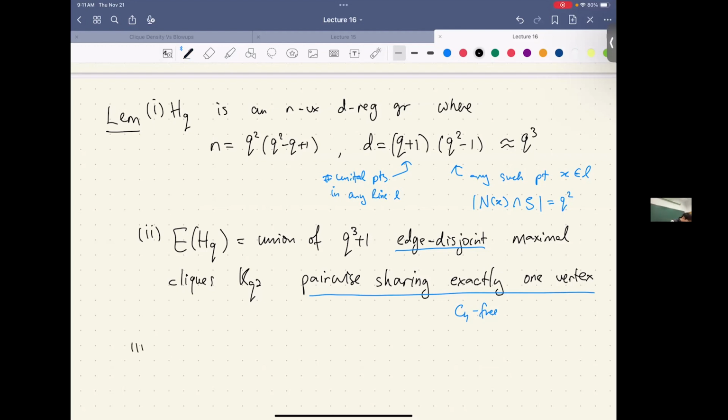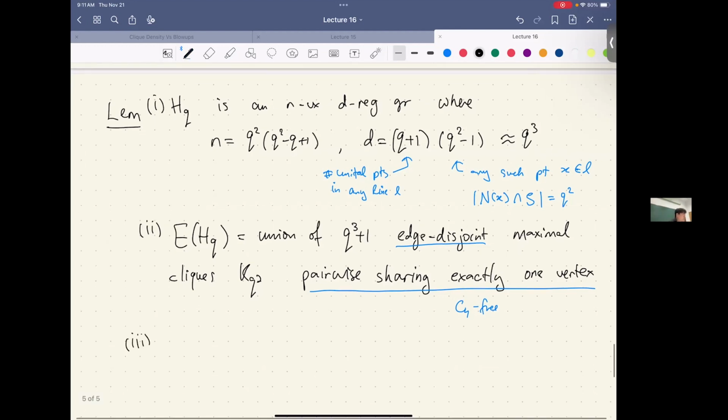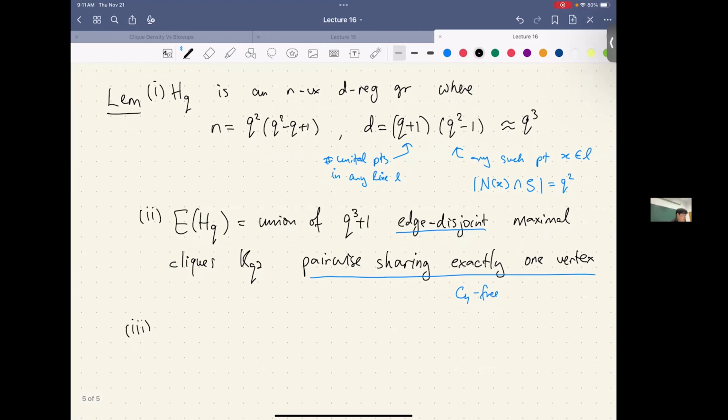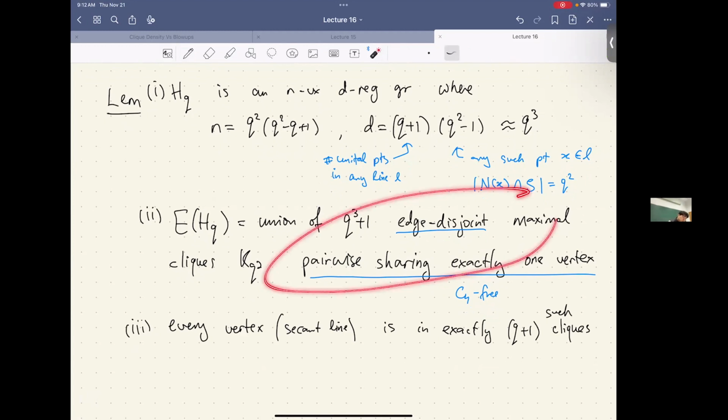The third property is that every vertex in this graph, which is a secant line, is in exactly q plus 1 such maximum cliques.